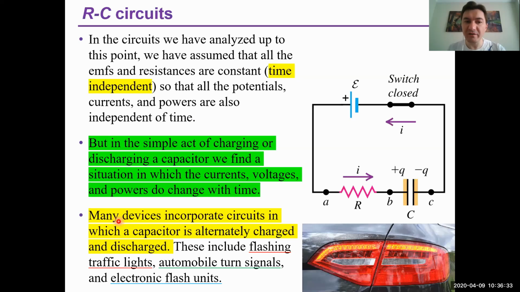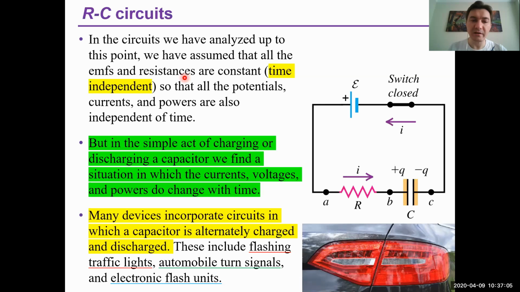Actually, many devices incorporate circuits in which a capacitor is alternately charged and discharged. For example, this is one of the very common examples. Automobile turn signals contain this type of circuit, including capacitors, and also flashing traffic lights and electronic flash units, which we have discussed during chapter 24.